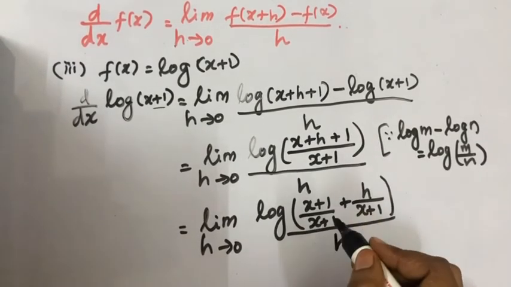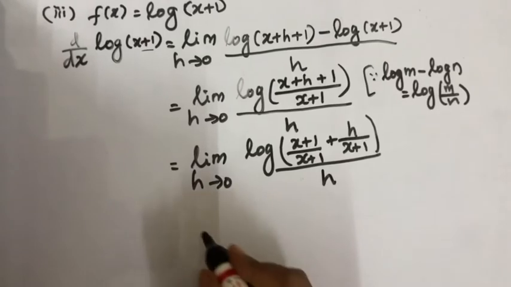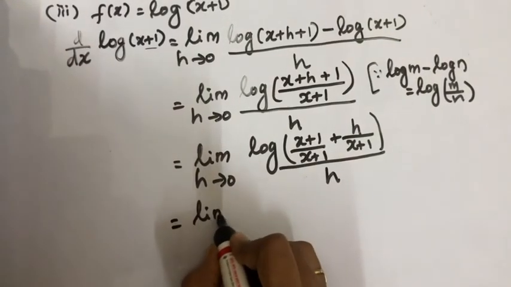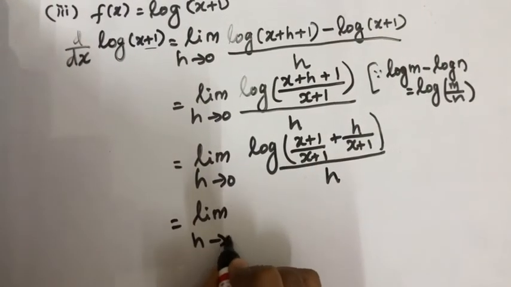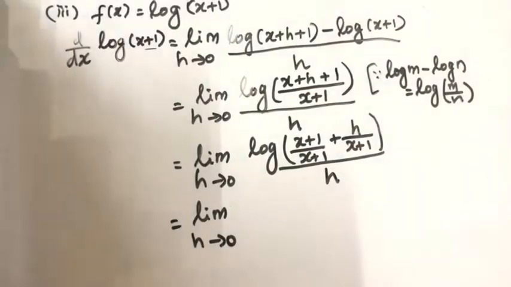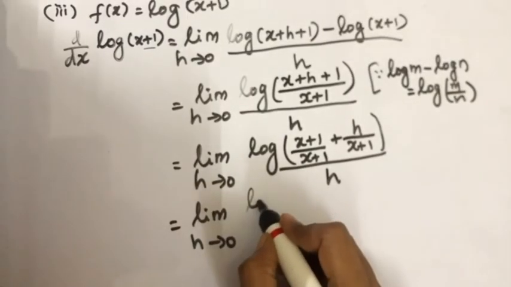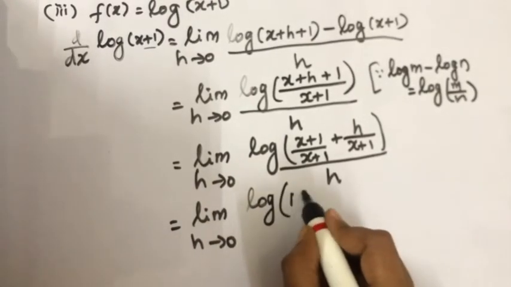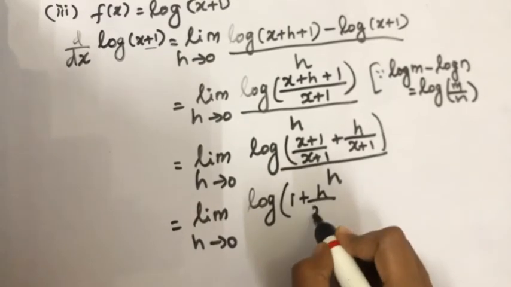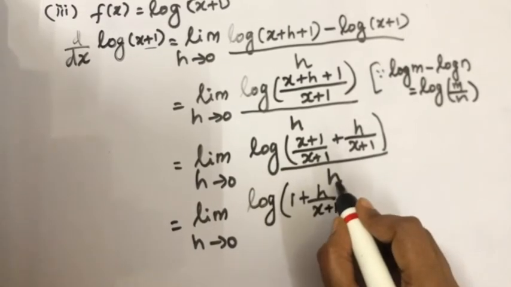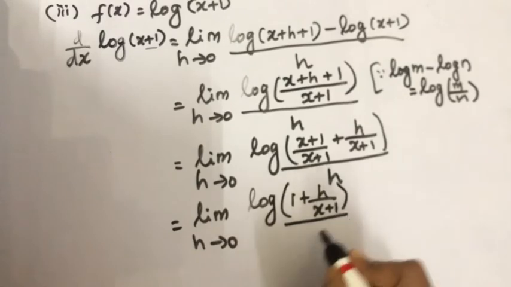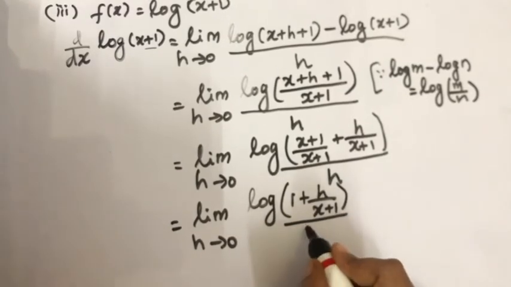So, x plus 1 will get cancelled, that is limit h tends to 0 log 1 plus h by x plus 1 divided by h.